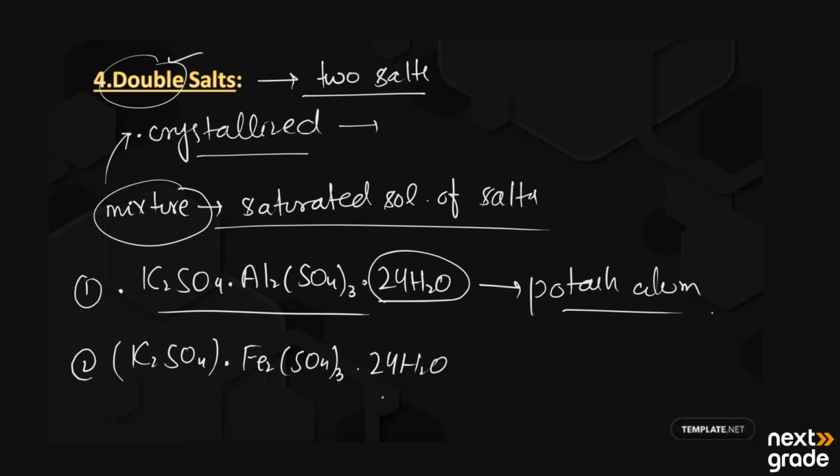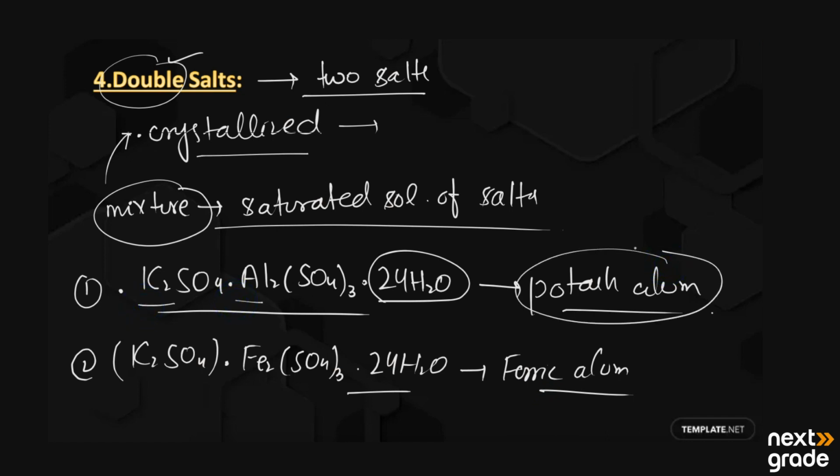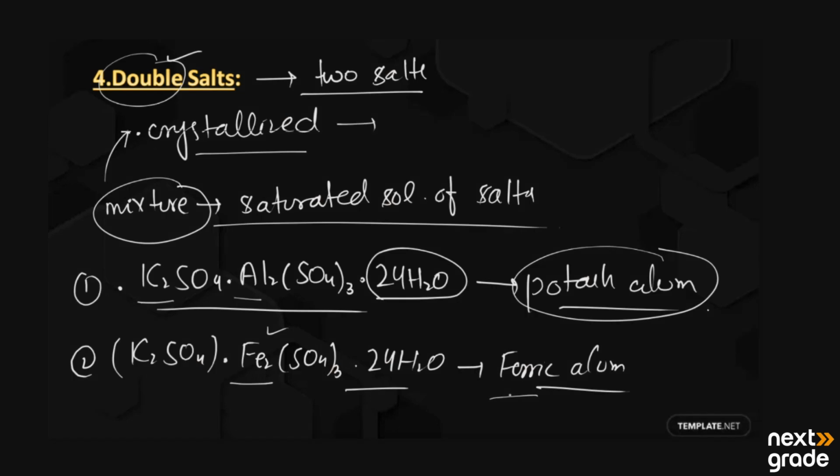This is the water of crystallization, and it is ferric alum. Potash alum contains potassium and aluminium, so it is named potash alum, and here it contains iron, so it is named ferric alum. So these are the double salts having more complex ions.